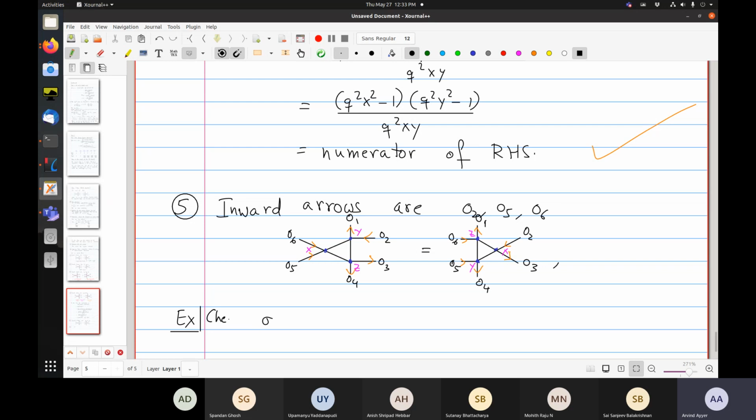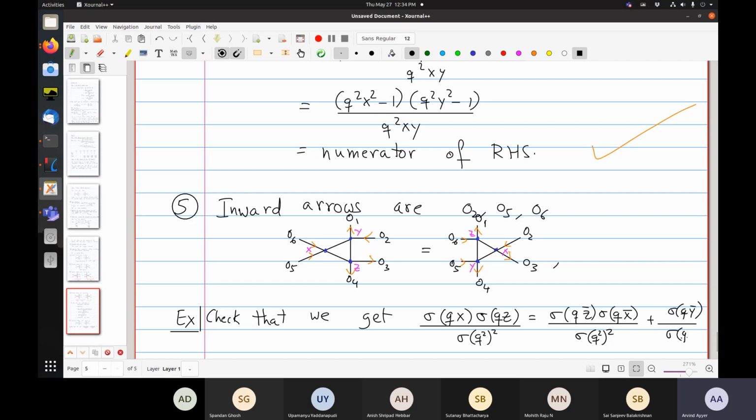So check that we get sigma of qx sigma of qz equals sigma of qz bar sigma of qx bar, sigma q squared sigma q squared plus sigma qy bar divided by sigma q squared.